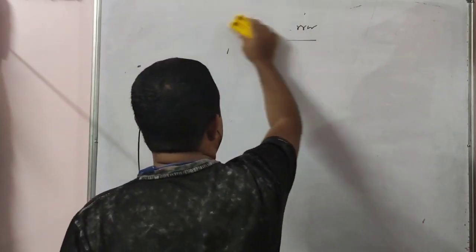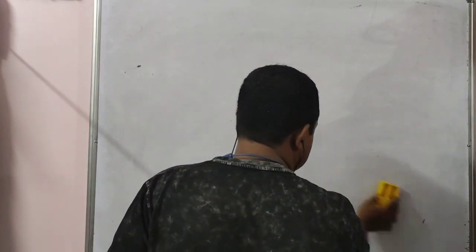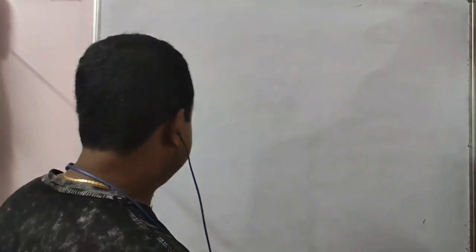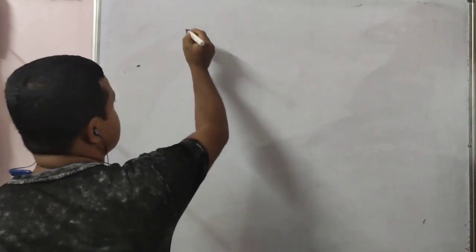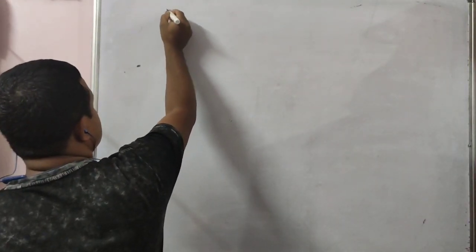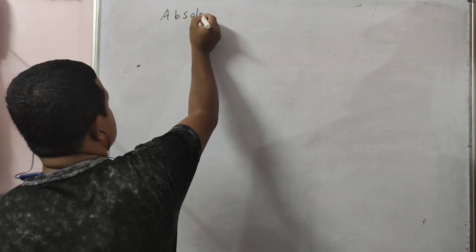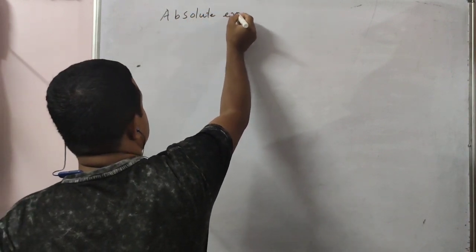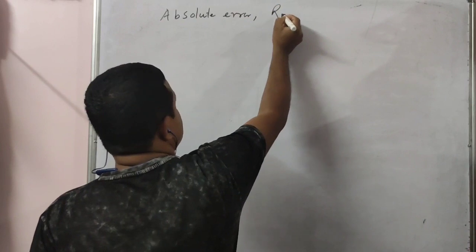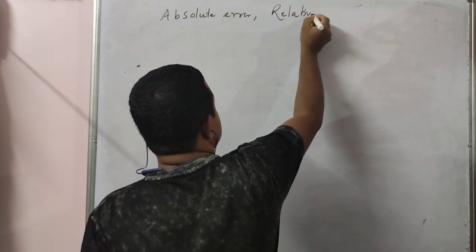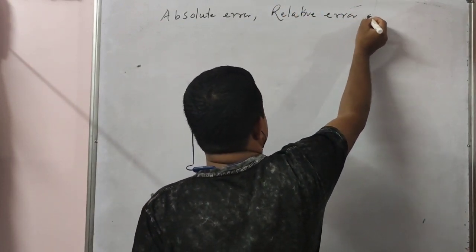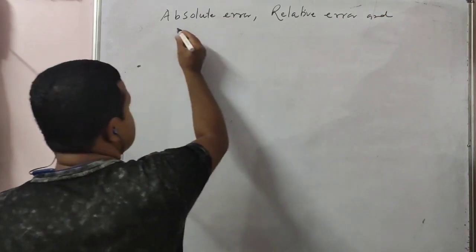Now here I will explain some other errors which are very important for your entrance exams. That is the absolute error, relative error, and percentage error.